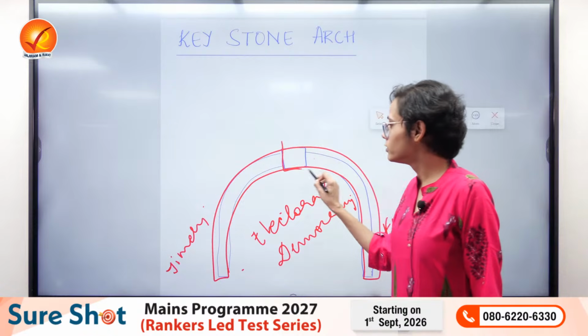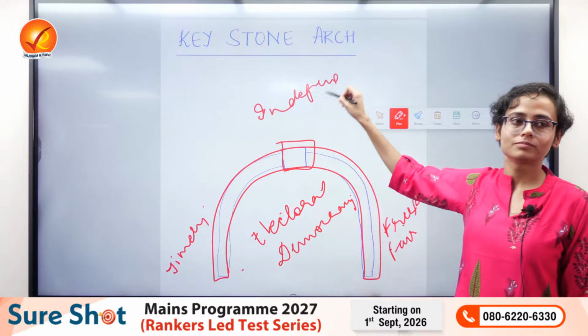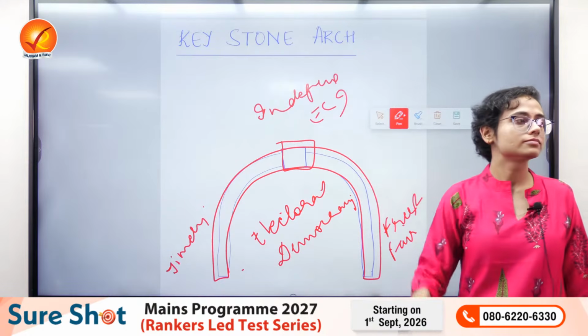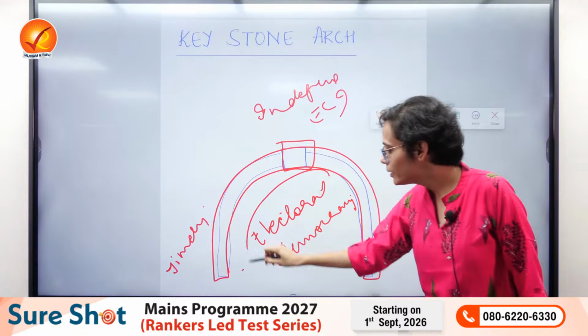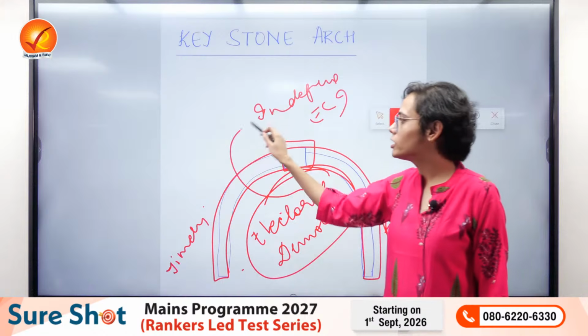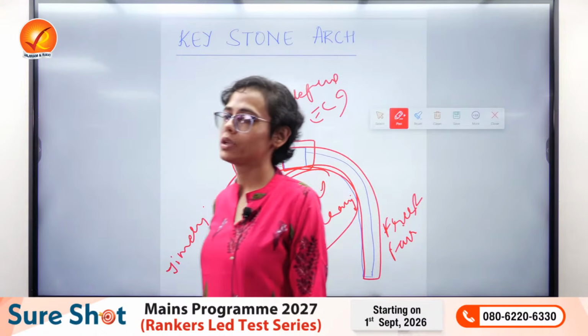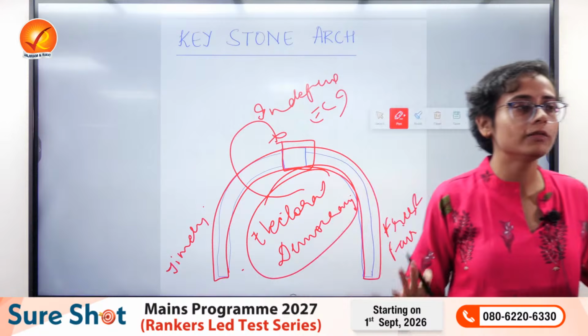What do we need? An independent ECI. So the pillar or the arc of electoral democracy lies on the keystone arc of independent ECI. A much better way to answer.